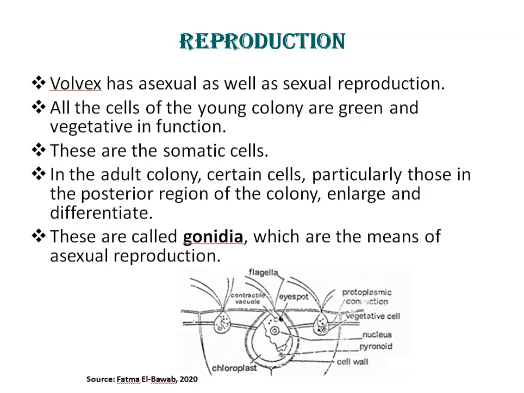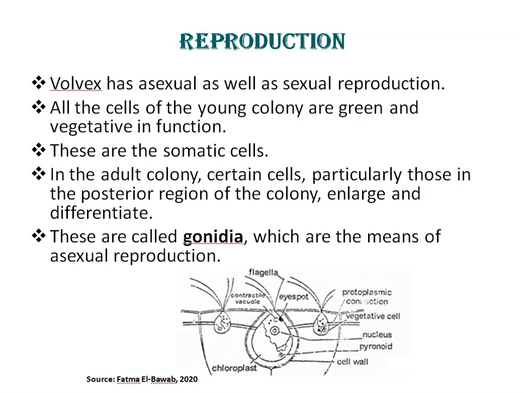Next is reproduction. So Volvox is haploid in all active phases of its life cycle, but it has two types of reproduction, asexual and sexual reproduction. All the cells of the young colony are green and vegetative in function. These are somatic cells.